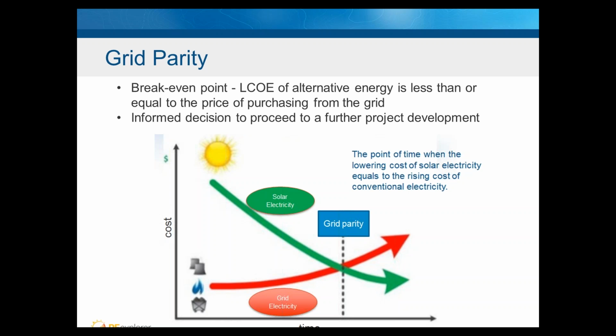Once the solar electricity cost comes down and crosses that section, that's where it's showing that, technically, you can compete with the cost of electricity from the grid. So it's a really popular metric when we evaluate particular projects.